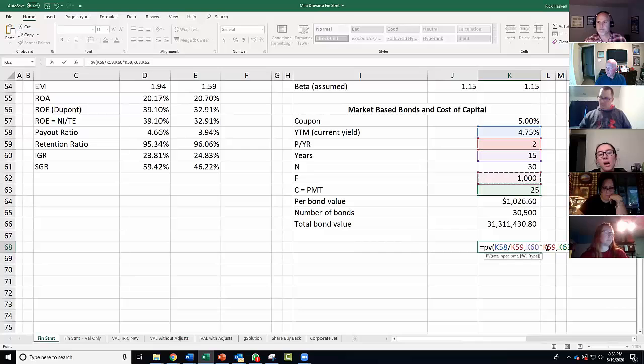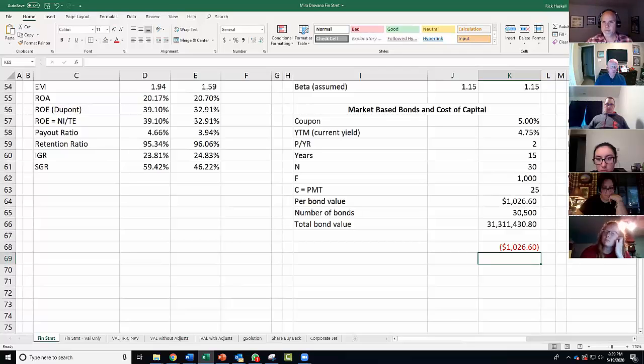I've got the periodic number of periods. I've got the periodic payment, and I now have the future value. And I've closed my parenthesis, and it gives me 1,026.6, which is almost the same as what I have here, except one's in red and the other's isn't. Why is that? Any idea?